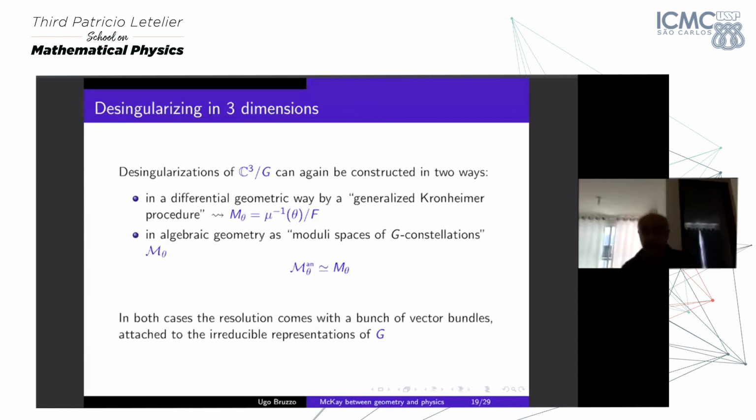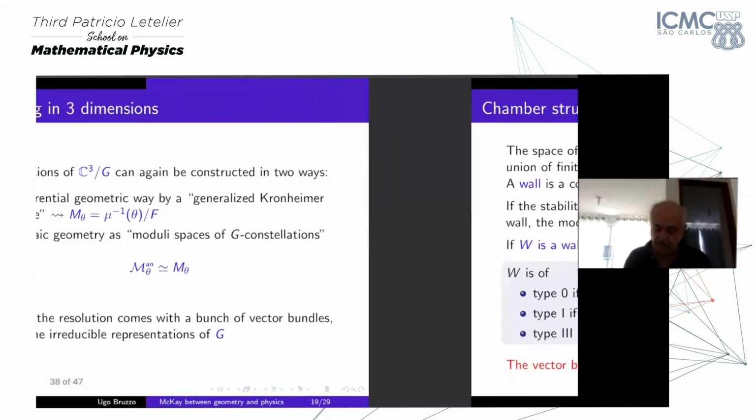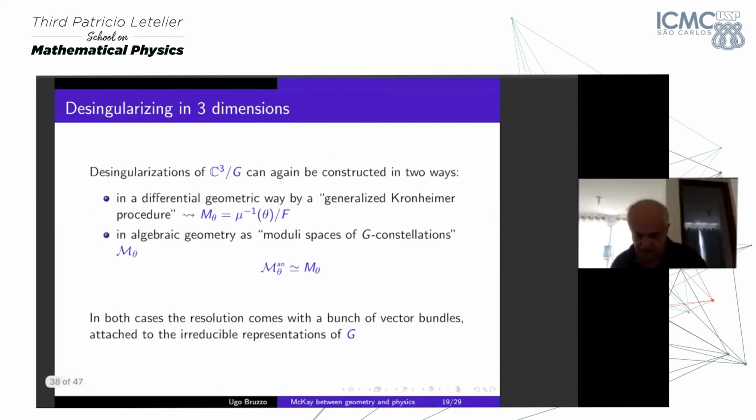Using geometric invariant theory, you can look at these desingularizations as a moduli space of a very interesting sort of geometric objects, which are called G-constellations. And this has something to do with the question I was asked this morning about the K-theory of the resolution of singularities. So perhaps tomorrow I will speak a little bit about it. Or not, or now.